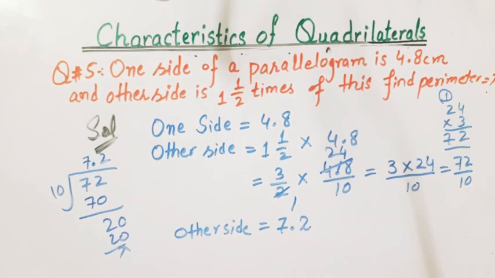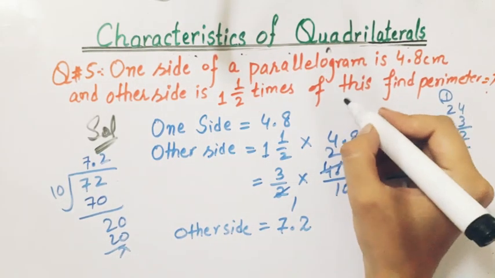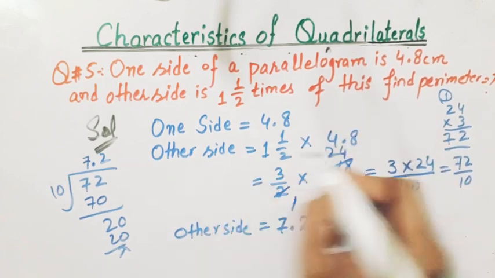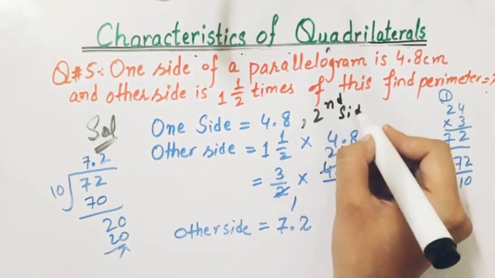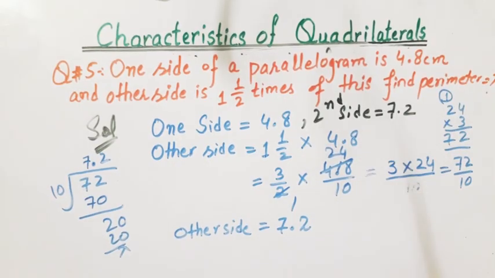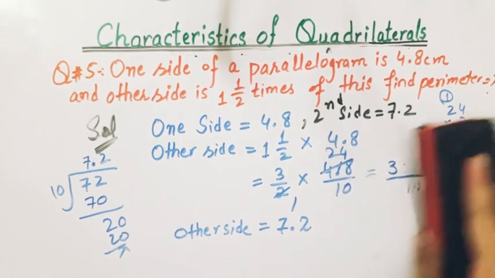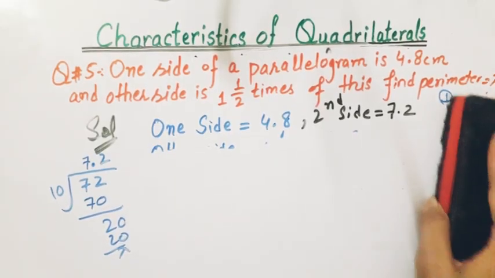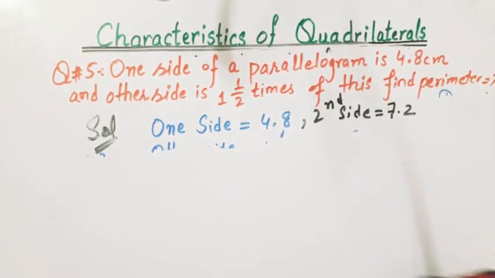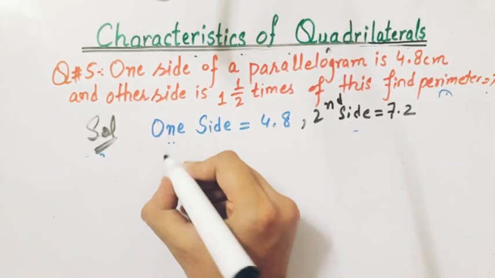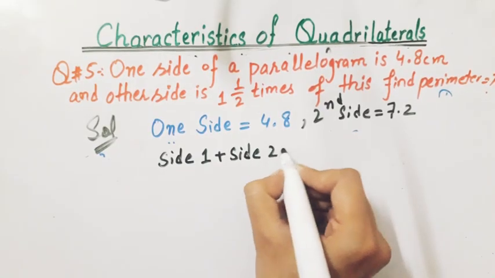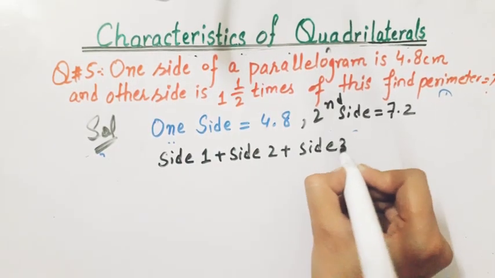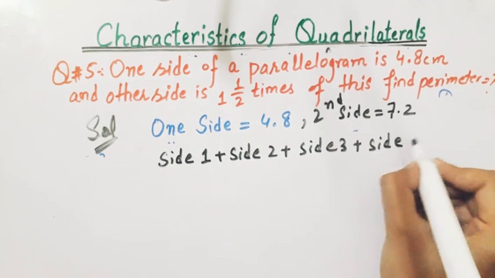Now you have to find the perimeter. Here we write these two sides: one side equals 4.8 and the second side equals 7.2. Now we will find the perimeter. So write down the formula of perimeter. Perimeter of a parallelogram is equal to side 1 plus side 2 plus side 3 plus side 4.